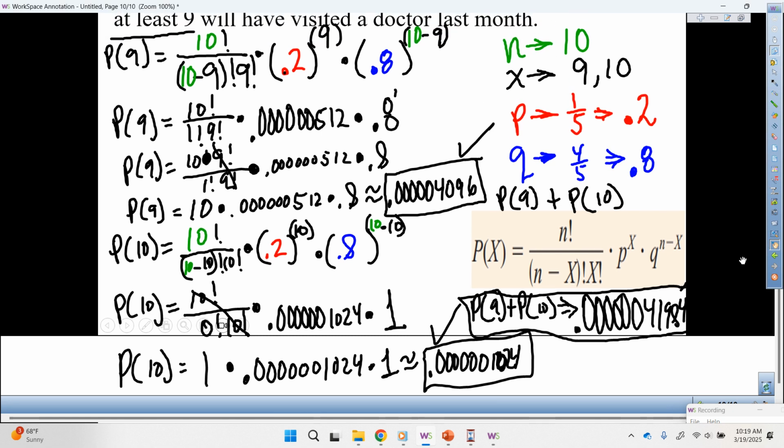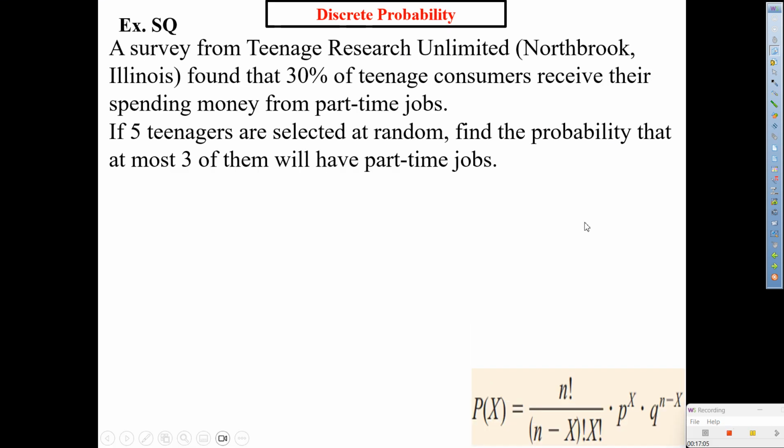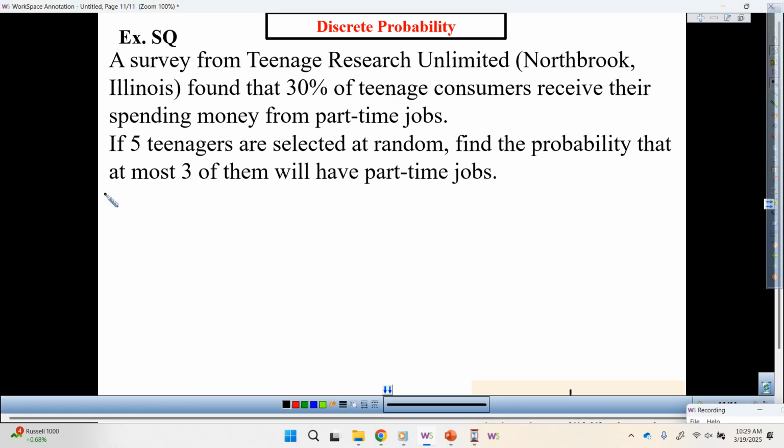All right. Not bad. Now check this out. Look up. Look at this one. Tell your neighbor what at most 3 means. At most 3. That means that our x would be what? Tell your neighbor, what is our x for that one?